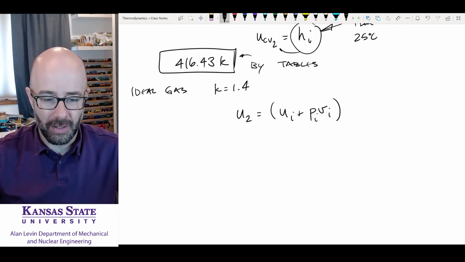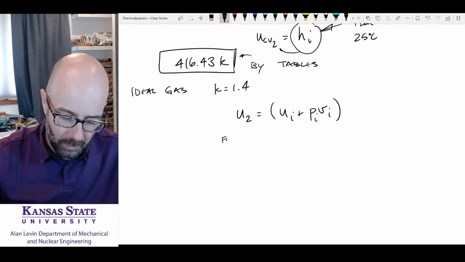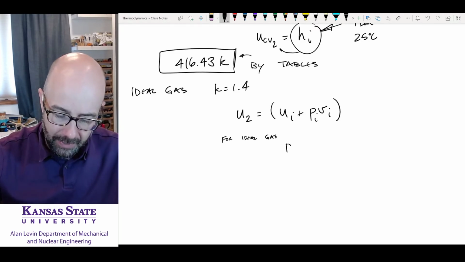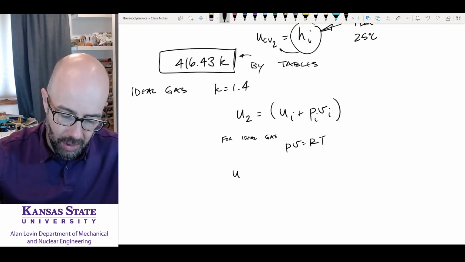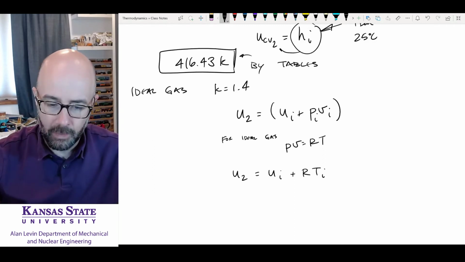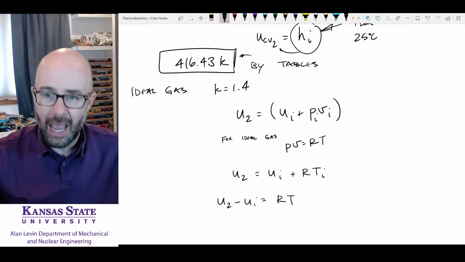We also know that for an ideal gas, Pv is equal to RT. So I can rewrite this as u2 is equal to u_in plus R times temperature in. And now I can rewrite this as u2 minus u_in is equal to R T_in. That's really what I want to do.